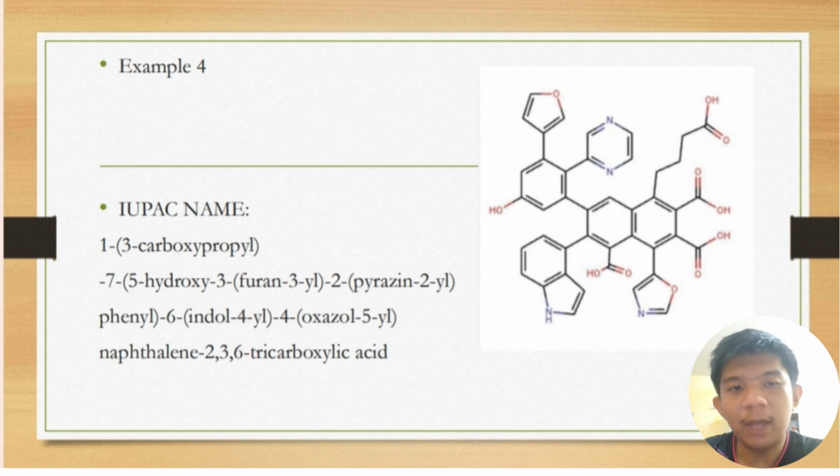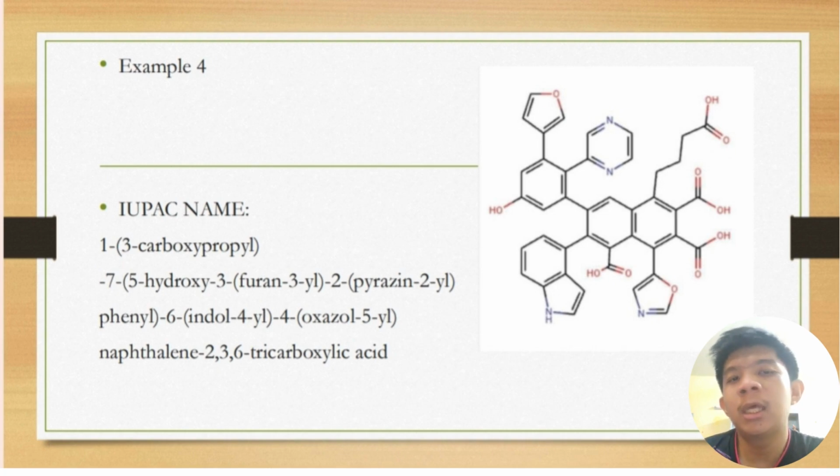In this case, the naphthalene will be the parent chain because, although you can see that there is a straight chain up there that also has a carboxyl group, this chain is only three carbons. So it is a propane.